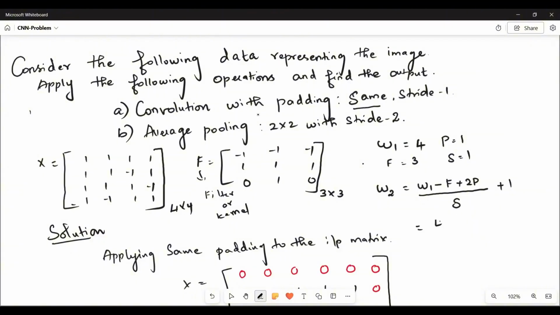W2 is equal to (4 minus 3 plus 2 into 1) divided by 1, plus 1. 4 minus 3 it is 1. 1 plus 2 is 3. 3 divided by 1 is 3. 3 plus 1 is equal to 4. So the size of the output matrix we are going to find should be 4 cross 4.